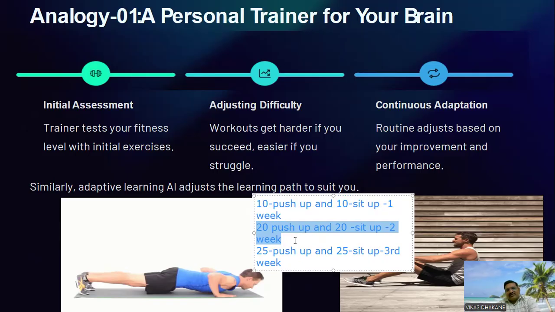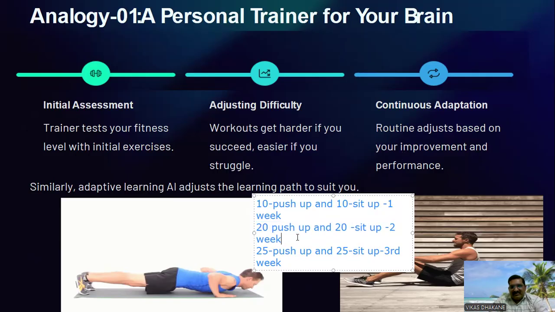If you are not able to complete that exercise, then the gym instructor will give you an easier exercise. And this particular adjustment or adaptation continues until there is an improvement in your performance, an improvement in your learning.